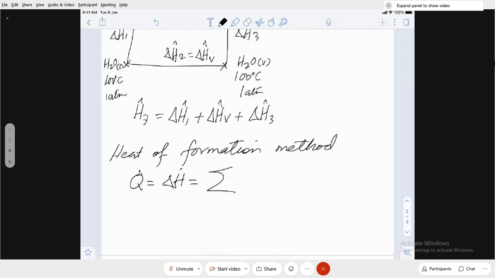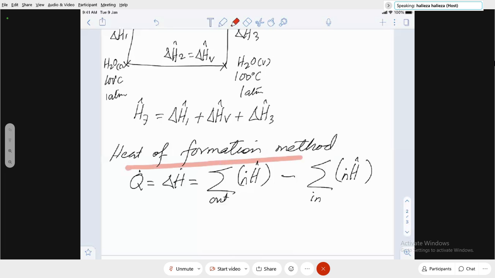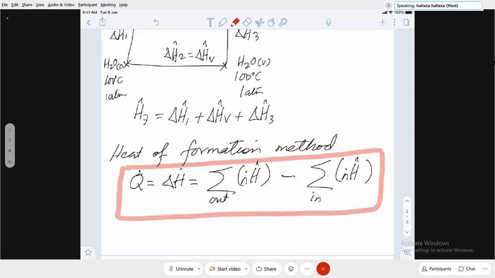Your equation is the summation of your outlet molar flow rate times the corresponding specific enthalpy, minus the summation of the inlet molar flow rate times the corresponding enthalpies. So this is your equation now. There is no longer any term for heat of reaction in this equation.